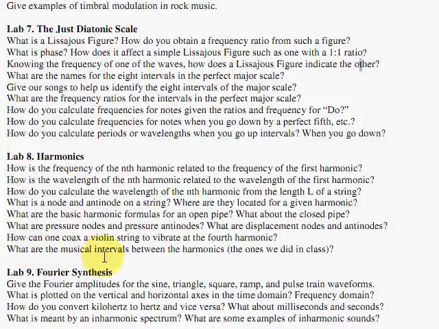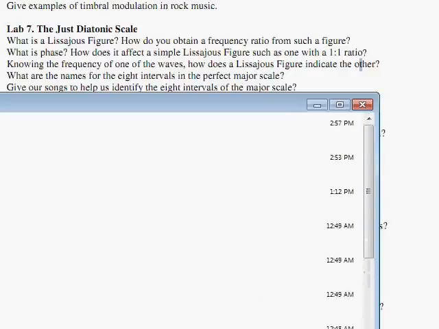What are the musical intervals between the harmonics, the ones we did in class? Well, for the musical intervals between the harmonics, I'm going to go to class G on this one.